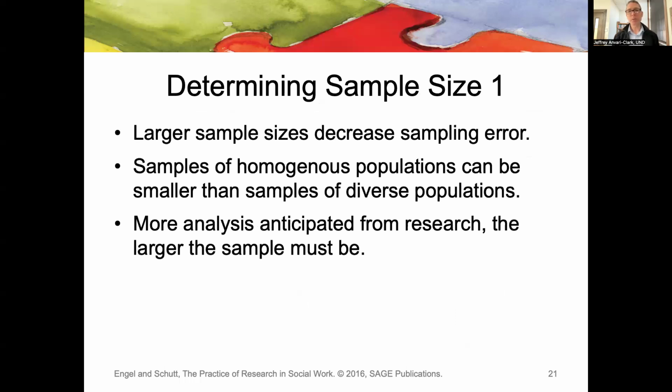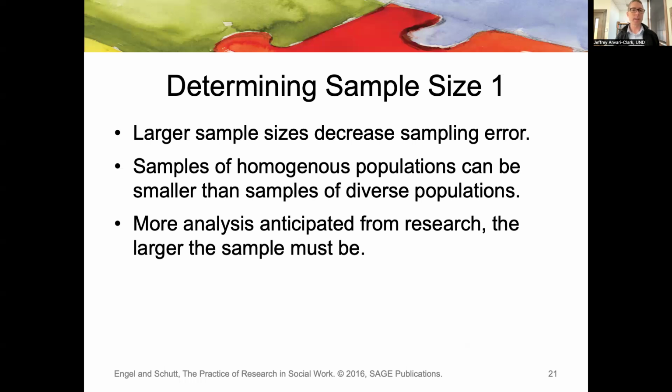When we determine our sample size, sometimes you have enough. Well, what is enough? How many do I need to prove whatever it is I'm trying to prove, except you're not really going to prove it. You'll say, all right, this is what we think it is. Overall, generally, larger sample sizes will decrease our sampling error, and so we conduct a power analysis to achieve this.